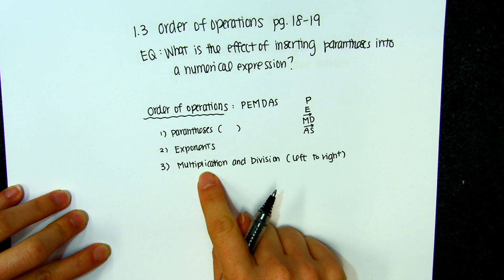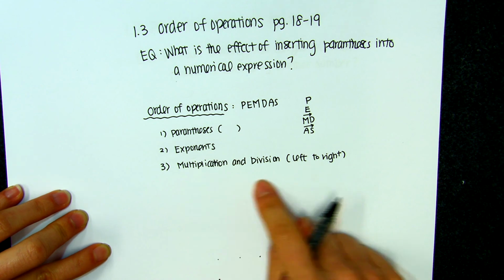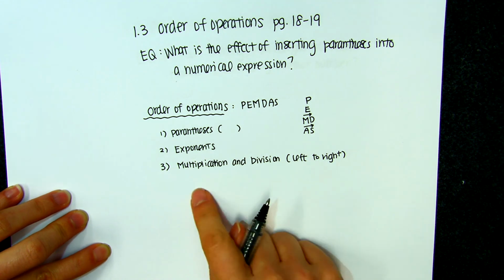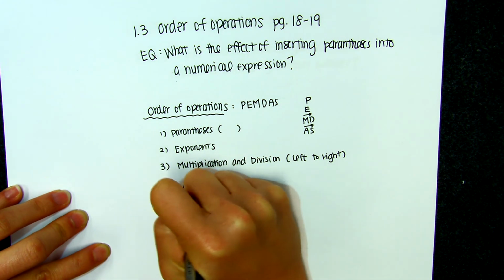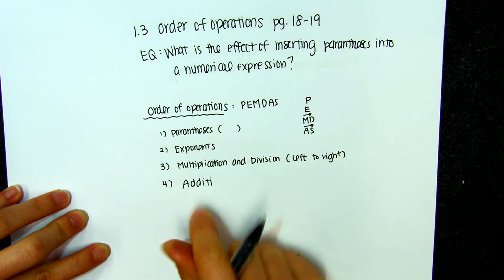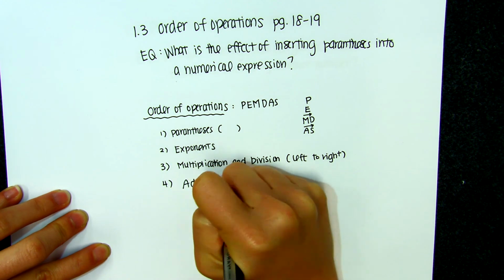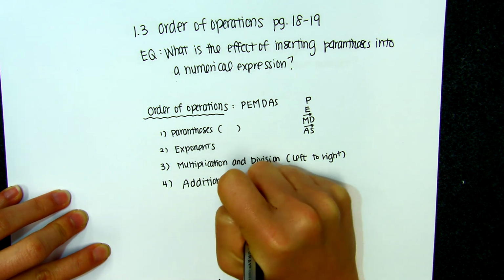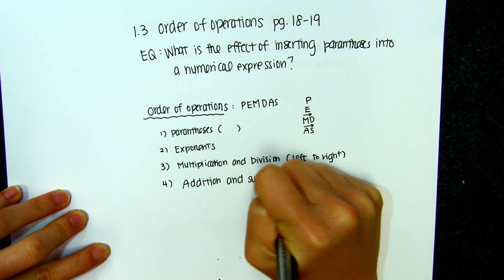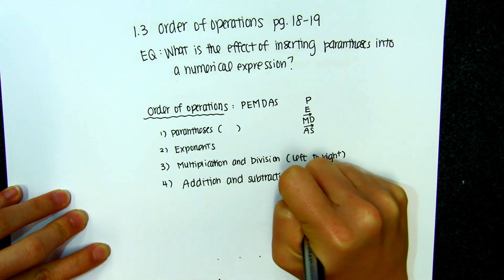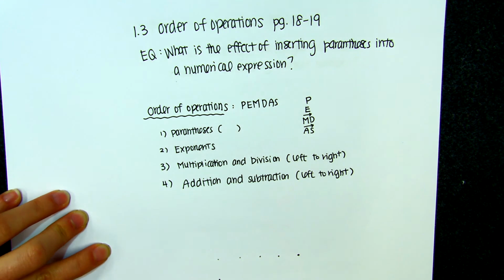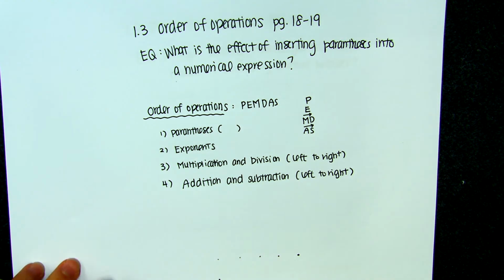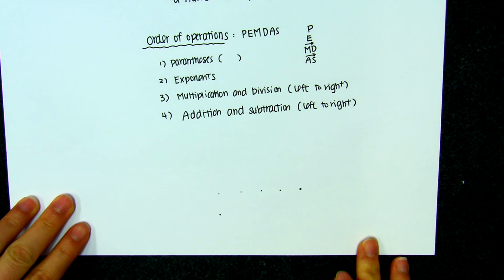You have to look at which one comes first, multiplication or division, left to right, and that's the one you do first. Same thing with addition and subtraction. It's not, oh, addition comes first, I have to do addition. You have to read left to right and see whichever one comes first.